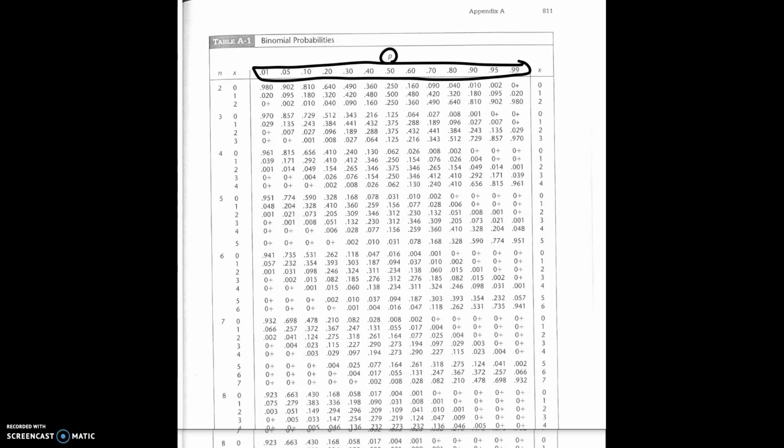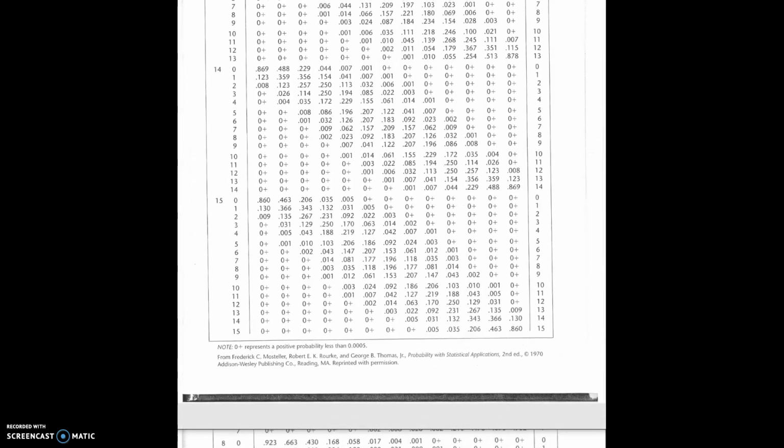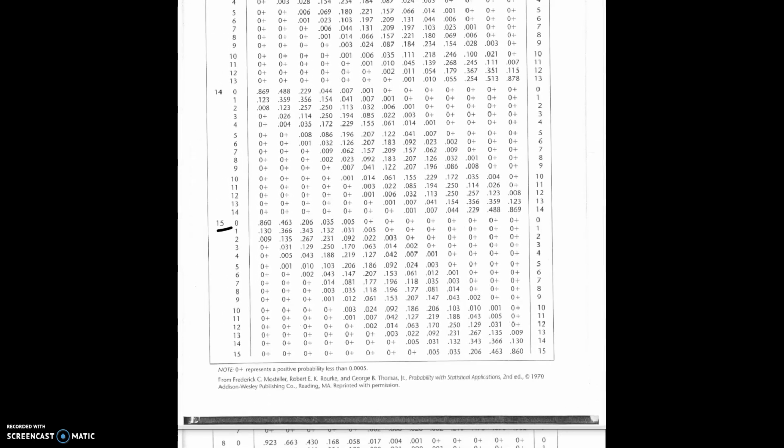For your max number, or your N, that's going to be these first numbers here. If you kept going all the way down, notice that this goes from 2 all the way down to 15. So the max number is 15.